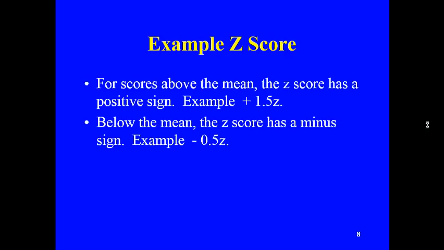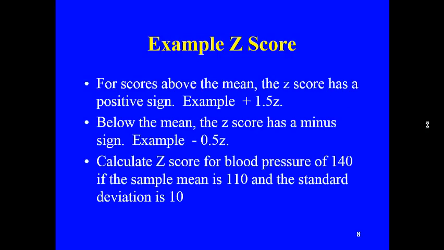Let's do an example together for the z-score. For scores above the mean, the z-score has a positive sign, for example, +1.5. Below the mean, the z-score has a minus sign, for example, -0.5. Calculate the z-score for a blood pressure of 140 if the sample mean is 110 and the standard deviation is 10.